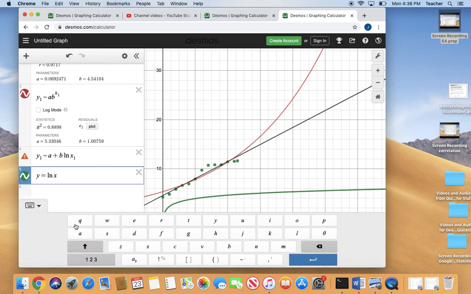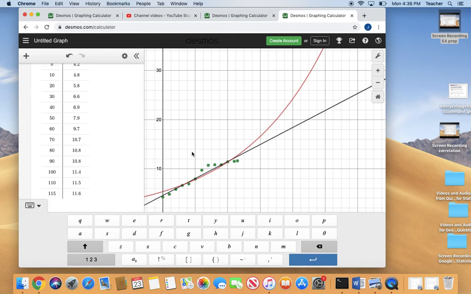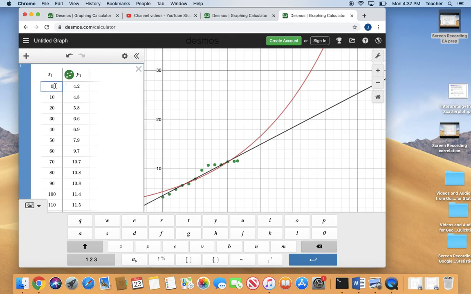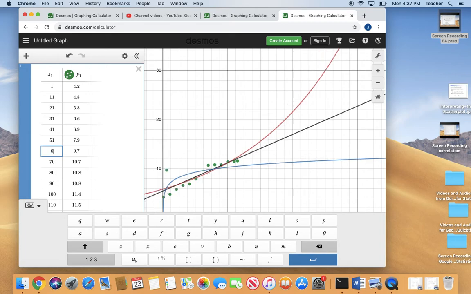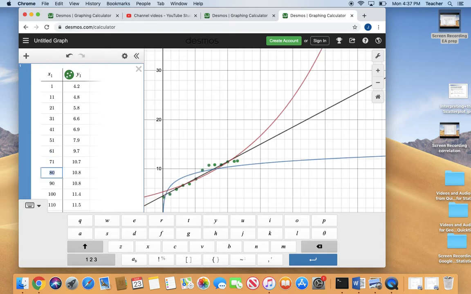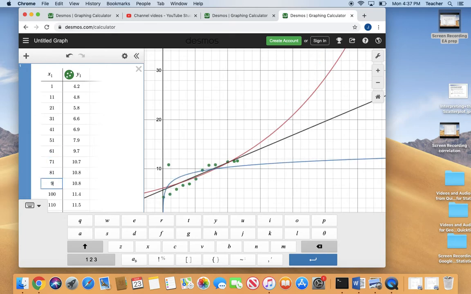So what I'm going to do to take care of that, I have 2 options here. If I'm looking at my data and I think, well, a logarithmic curve looks like it might be good, I can either change this first data point from 0 to 1. So if I change that to 1, that would make this 11, because 1910 would then be 11 years after 1900. And this would be 21. So all of my year values would go up by 1.